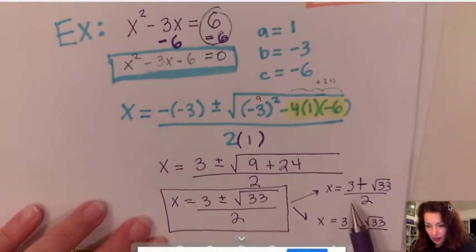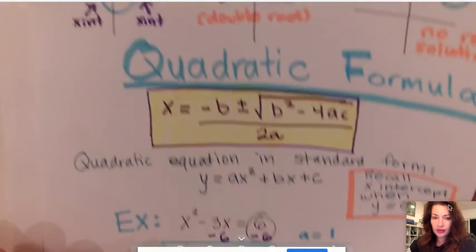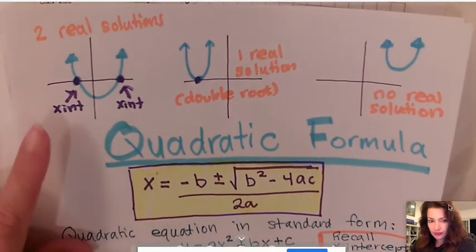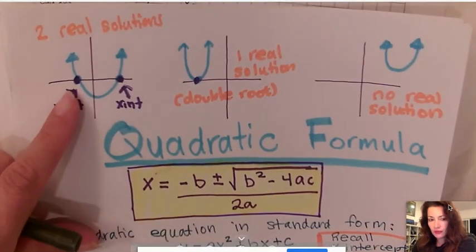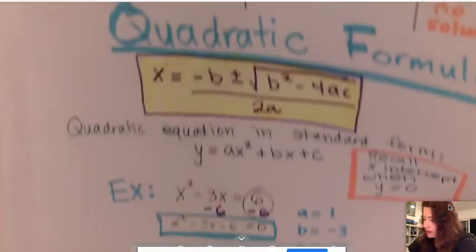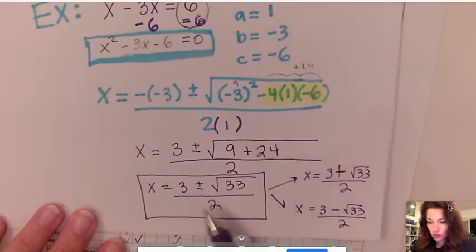What does that mean? It means on the graph that we saw over here, which type of solution do you think we have? Correct if you said this one. So we have one solution on the left and one solution on the right, and it crosses the x-axis in two places. So this is our final answer.